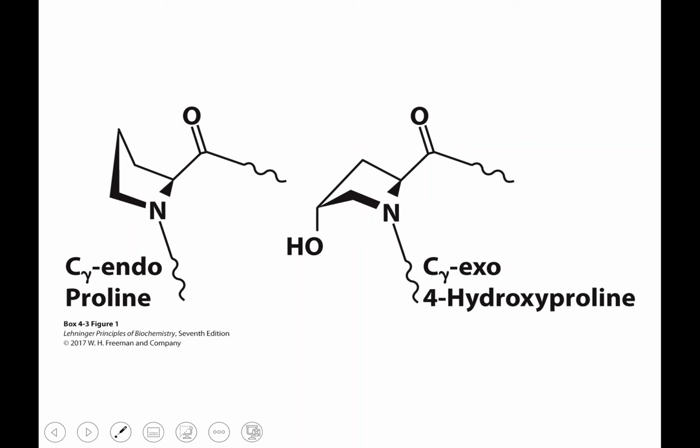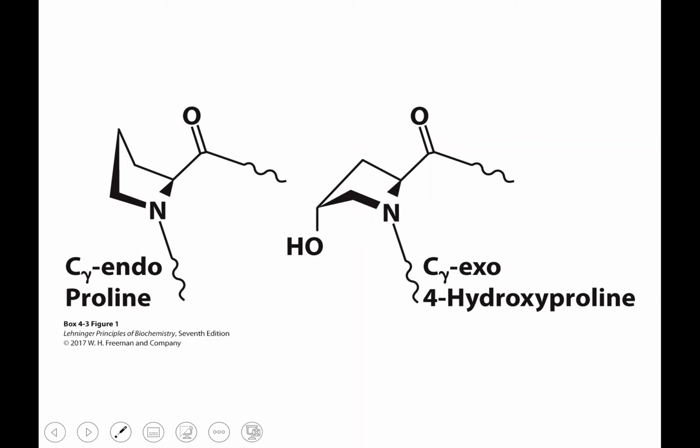And why does 4-hydroxyproline, why does this change the structure? Well, if we look at the structure of a proline, the gamma carbon in the endo position is shown here, in the exo position is shown here, and adding the hydroxy group really forces it into that exo position, which is beneficial for the hydrogen bondings between the three chains.